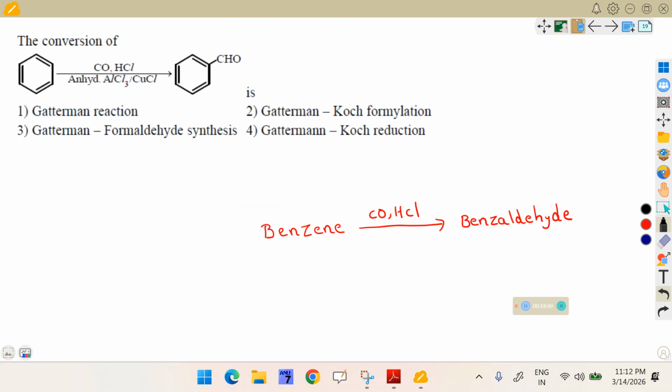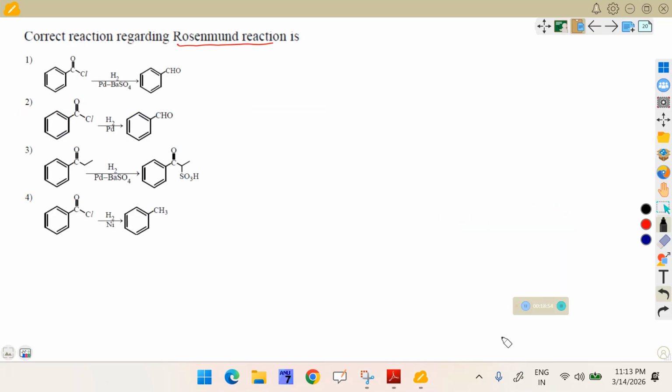Conversion of benzene to benzaldehyde in the presence of CO and HCl. Which reaction is this? The Gattermann-Koch reaction. The next question is about the correct reaction regarding the Rosenmund reaction.